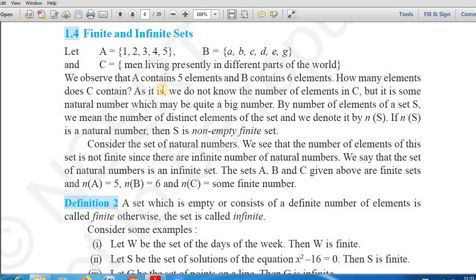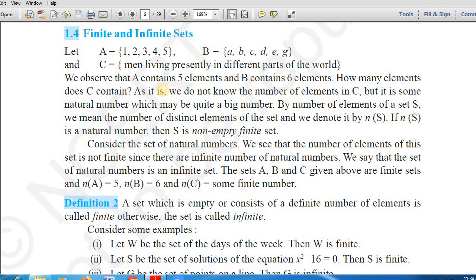In the last class we discussed the empty set, or null set, sometimes known as void set. A set having no elements is called an empty set, null set, or void set.